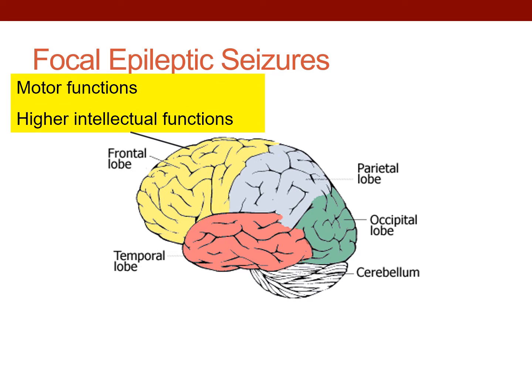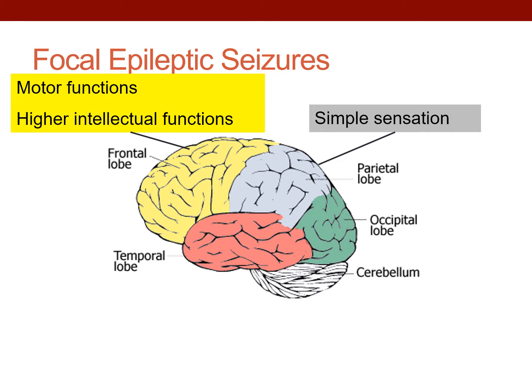Okay. So usually the frontal lobe will have motor functions and higher intellectual function. What we mean by that is that most of the seizures coming from the frontal lobe will have motor manifestation. It could be clonic, it could be tonic, it could be anything. It just has some motor function in it. Parietal lobe will come with abnormal sensation, as a patient will suddenly feel that something is wrong with his tummy, there is some pain, some abnormal sensation.